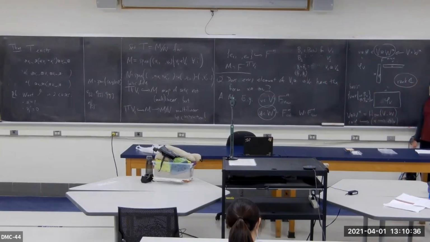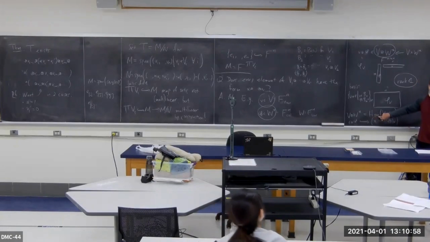If you like, in the category of vector spaces, this is the set of morphisms from this object to that object. The category of vector spaces has objects being vector spaces and morphisms being linear maps. So if you give me 2 objects, you can look at the set of all morphisms from this one to that one. It's written as HOM for homomorphisms.